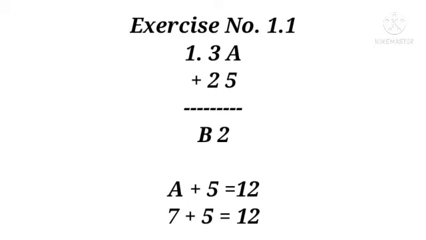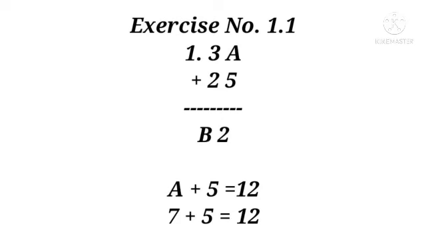Let us understand one puzzle from exercise 1.1. 3A plus 25 gives us B2. The solution of this is, we can take any number for A, that is from 1, 2, 3 and so on.